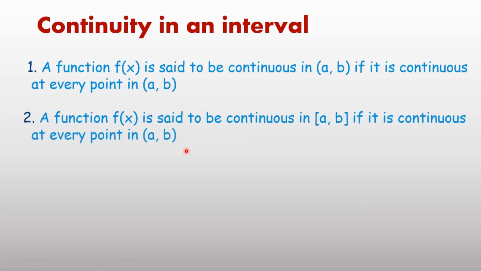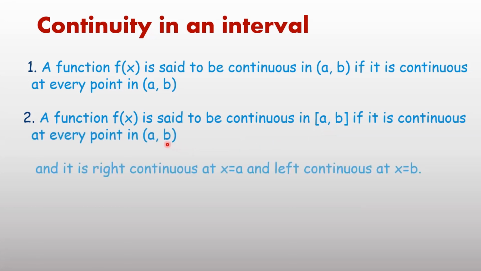And in a closed interval, it is said to be continuous if it is continuous in the open interval, and at the end points a and b, at a right continuity, meaning the right hand limit exists, and at b the left hand limit exists.